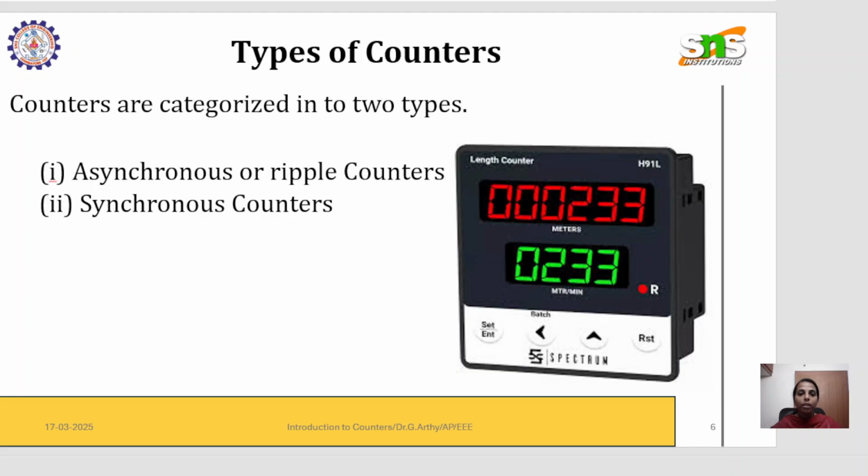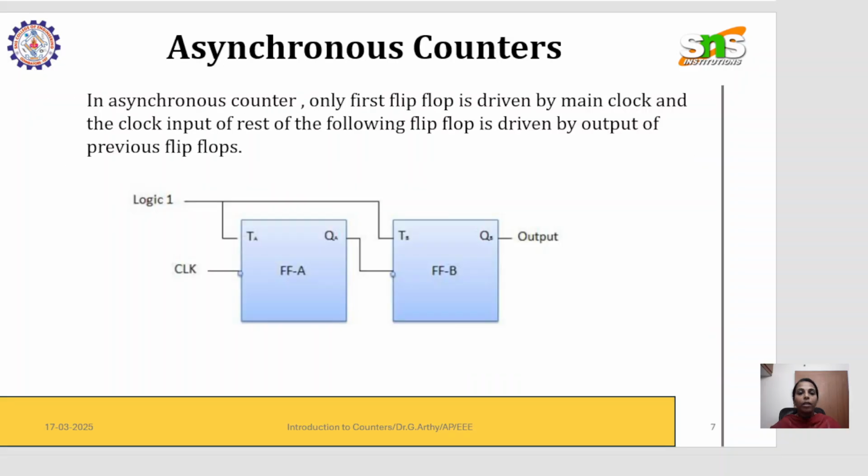Types of counters. There are two types of counters. One is asynchronous counters, also known as ripple counters, and the other is synchronous counters. In an asynchronous counter, you can see here two flip-flops, which are the basic building blocks of a counter.